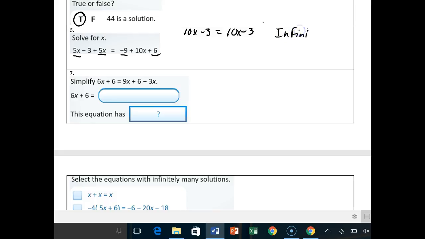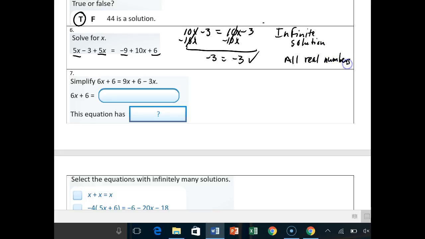If they mirror each other in any way, they'll be infinite solutions. And we can prove that by subtracting 10x from both sides. Those cancel out, and look what I have. I have negative 3 equals negative 3, right? The infinite solution. So I'm pretty sure you're going to want to select infinite solutions on your homework. Infinite solutions is all real numbers. That's how they say it. These mean the same exact thing.